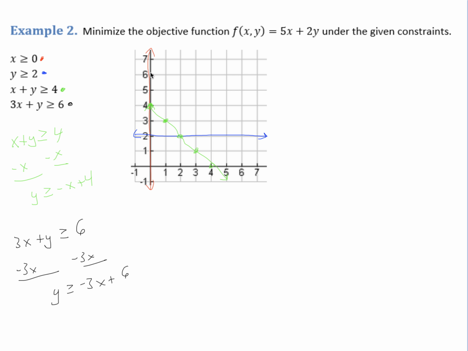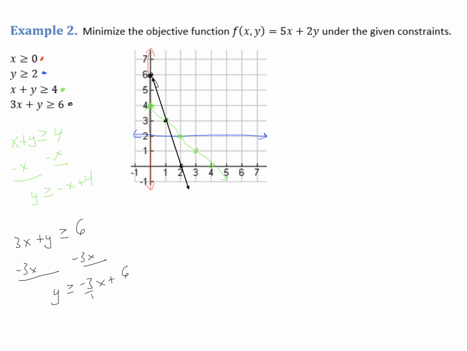So here's 6. Slope of negative 3, which we can think of as negative 3 over 1. So we go down 3, right 1. Down 3, right 1. So that line is here. Let's just come up here and use a line. And it is a greater than sign, so it's above there.